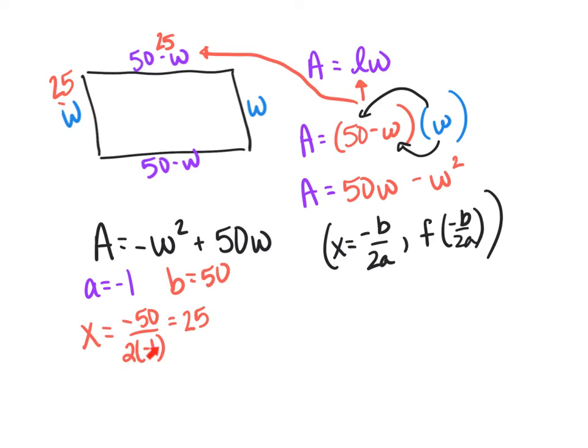So I know the max occurs at 25. So when your max width is 25, what is the actual maximum area going to be? All that is now is plugging into the formula and evaluating f of 25. And that'll be 50 times 25 minus 25 squared.